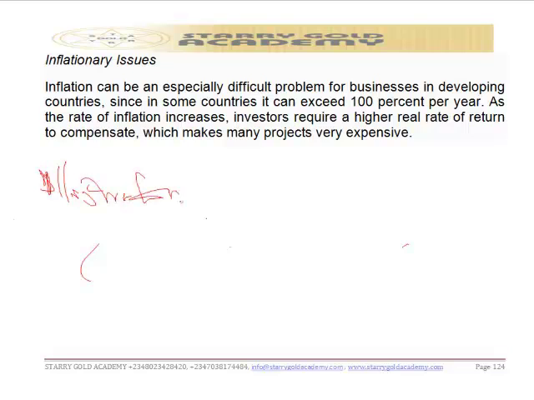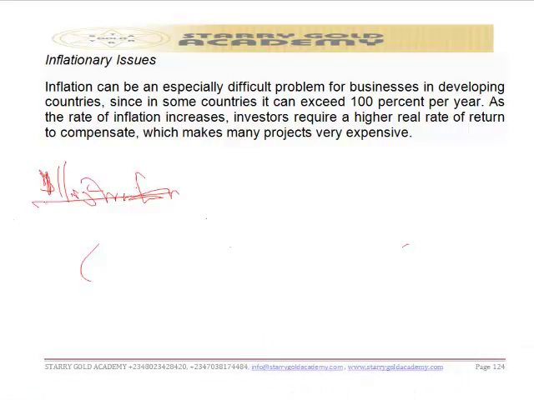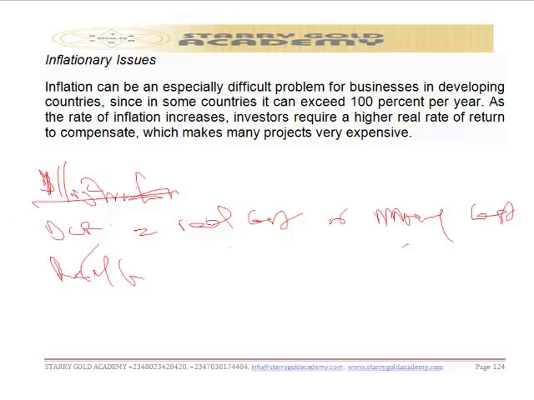What we mean by money cost and real cost. The discount rate will either be real cost or money cost. For you to put it in real terms, the procedure is to discount the real cash flow at the real discount rate.